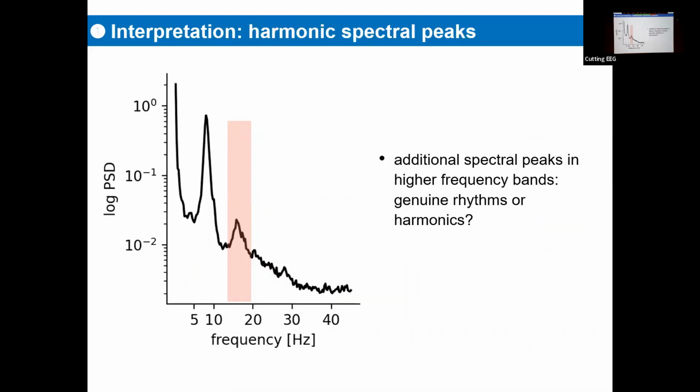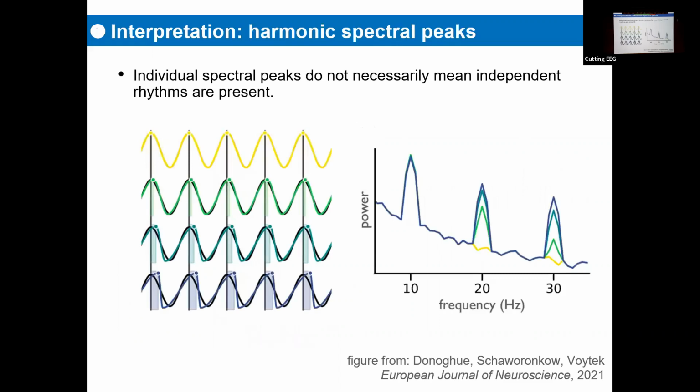There's another curious phenomenon where you see additional spectral peaks. So what does it mean? If this peak now occurs at the beta frequency range, is this now a beta rhythm? We cannot tell from the spectrum alone, I would say. So here I show you a synthetic signal that I simulated.